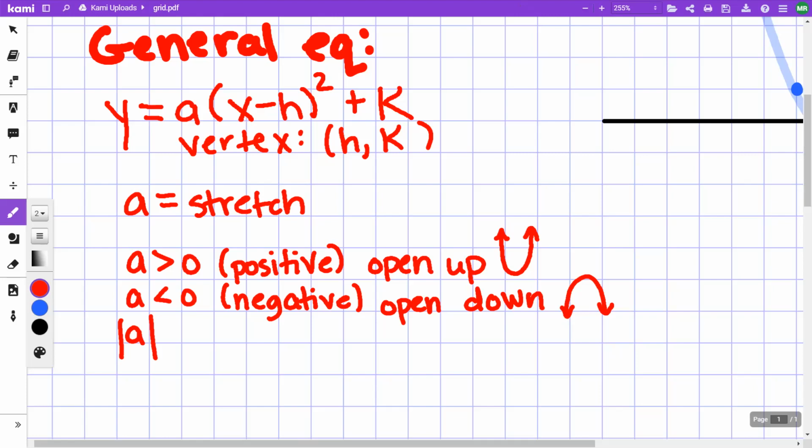So if your absolute value of a is greater than 1, that is going to be narrower. What the book is going to call it is vertically stretched. That's how they're going to term it.